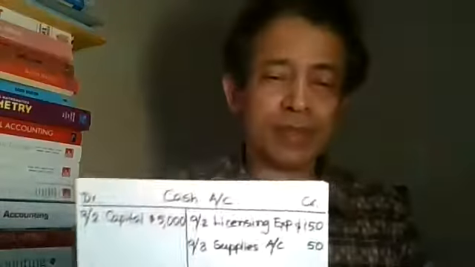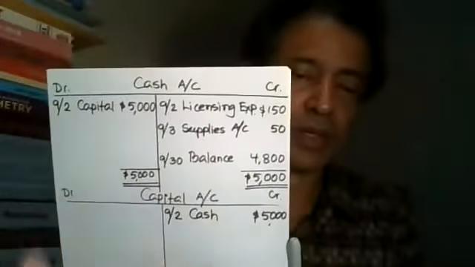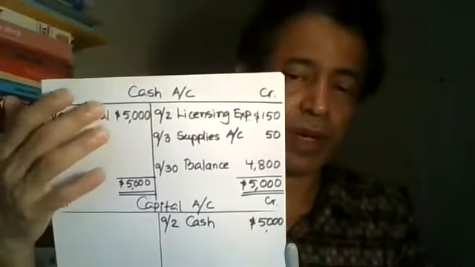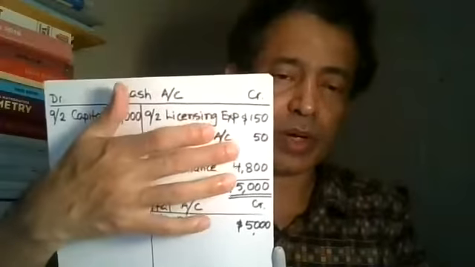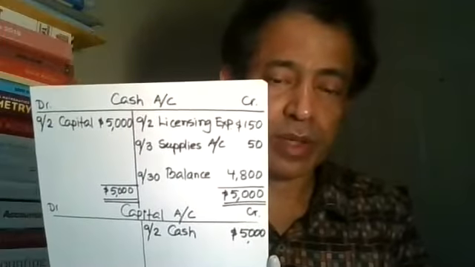In the cash account, it would mean cash balance; in other accounts, it would mean their balance. With the $4,800 plug, the two sides are equal. See? $5,000 here, $5,000 there. So $5,000 has been received, $200 have been spent, and the remaining $4,800 are still there.